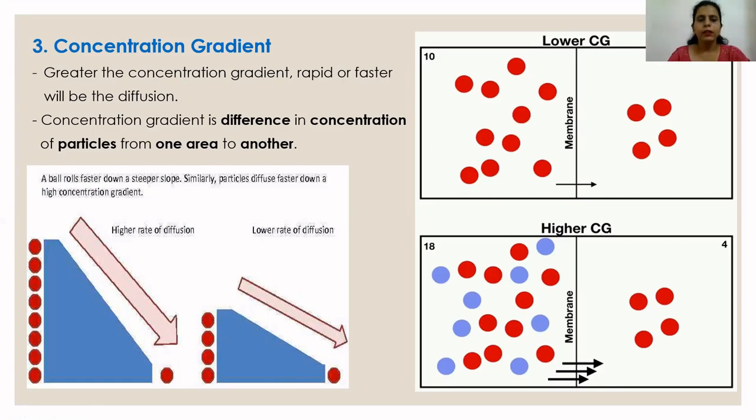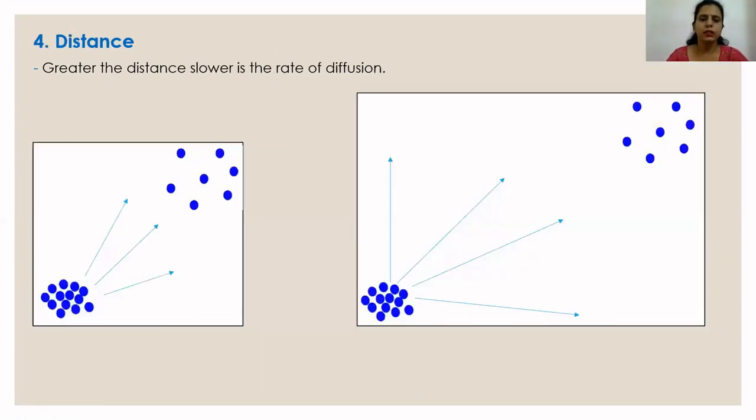Fine. The last factor which affects the rate of diffusion is distance. So if the distance between the two regions, that is higher concentration and lower concentration region, is more, rate of diffusion will be less. Why? Because when the distance is more, you are already aware that diffusion is a result of random movement of particles.